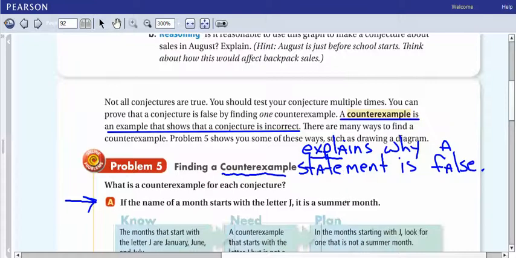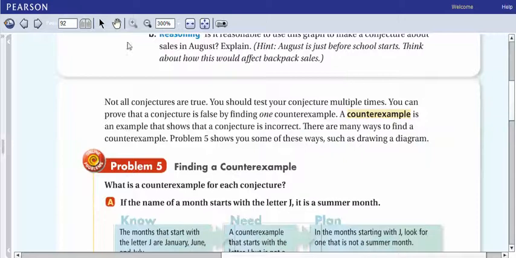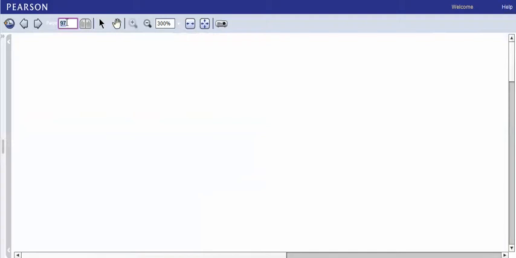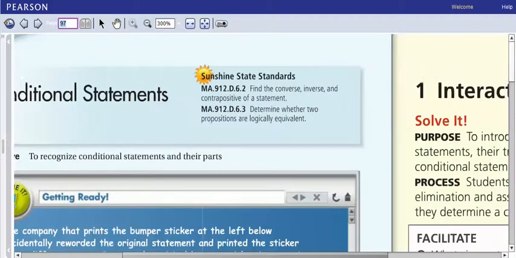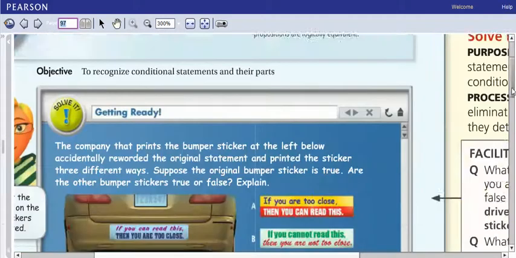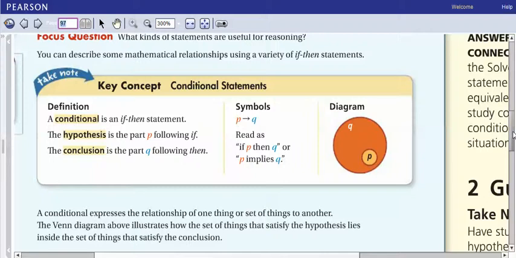Page 97. Here's where we're getting into the conditional statements. This is all really important. Key concept box.